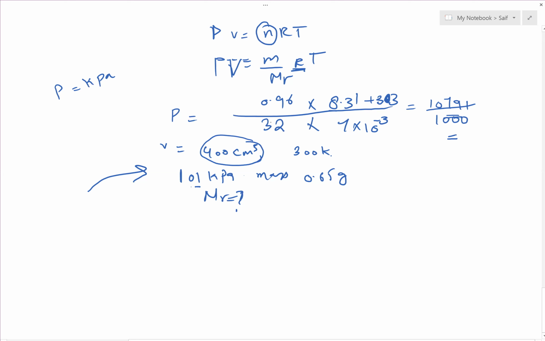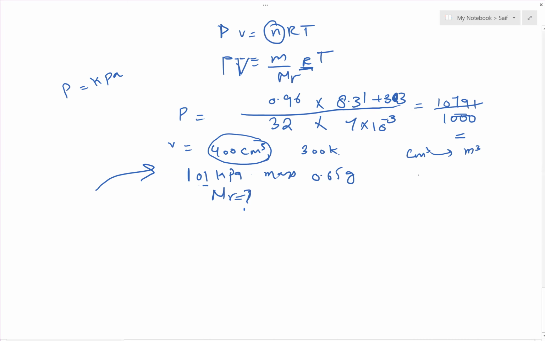Yes, I did 400 divided by 1000. No. Centimeter has to go into meter cube. So whatever answer you have for centimeter, divide it by 10 raised to power 6.